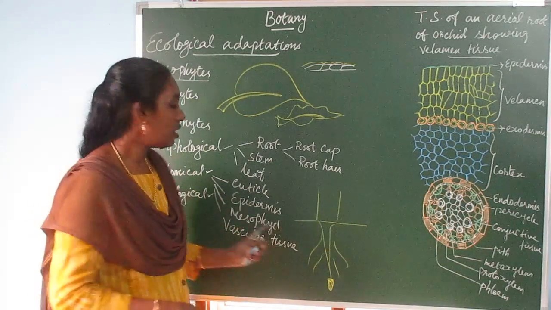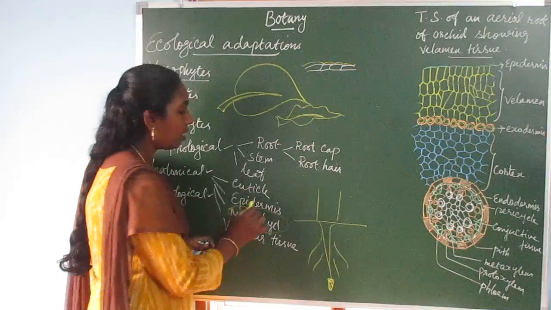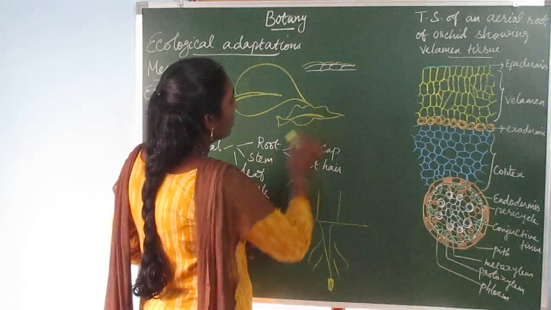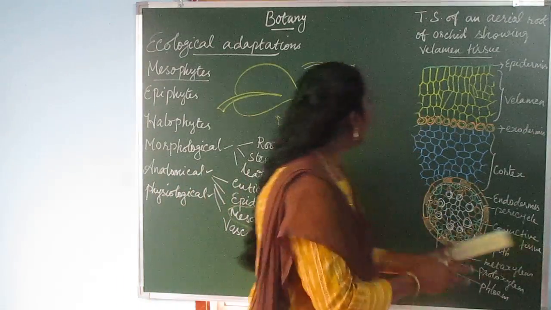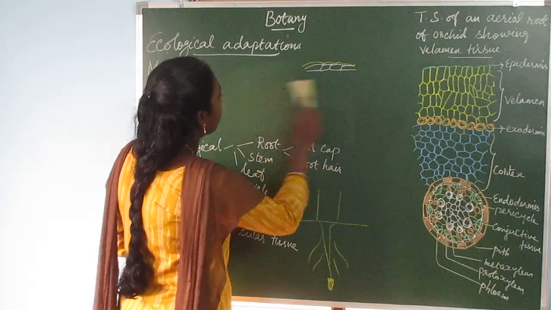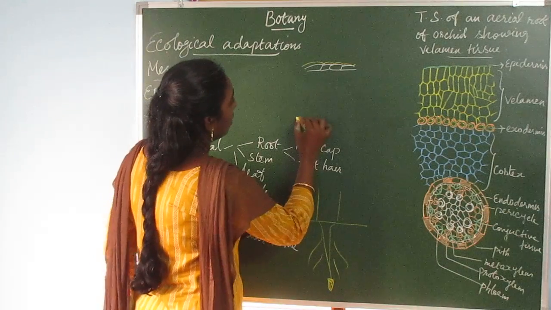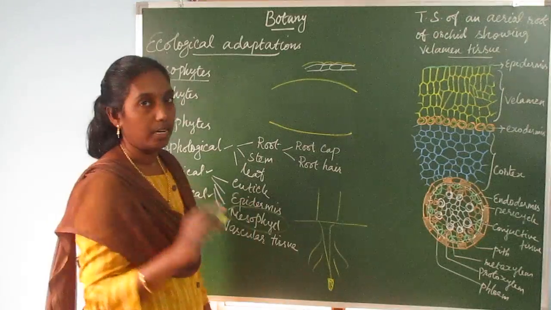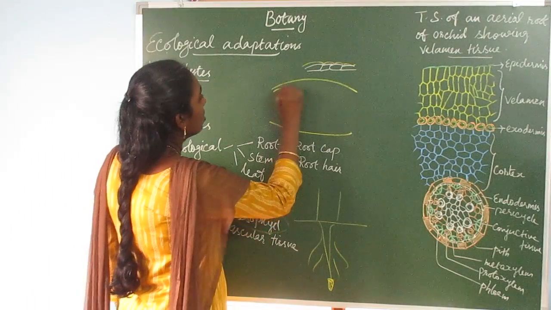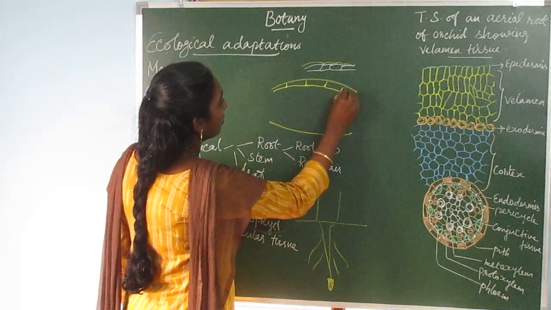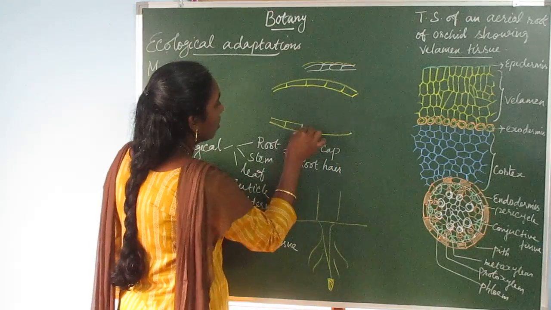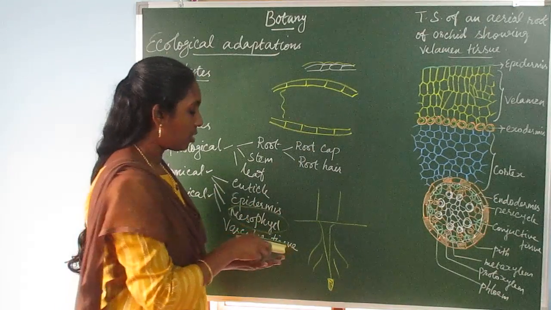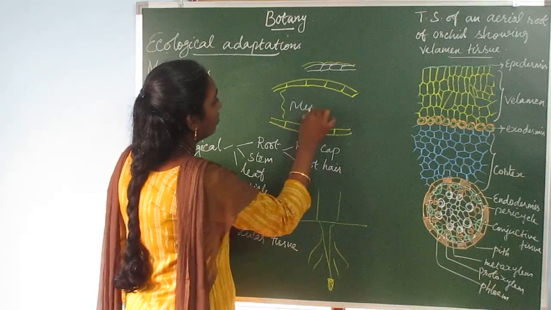And in the mesophyll, this mesophyll tissue which is found in the leaf, between the upper and lower epidermis, here upper and lower epidermis in the leaf of mesophytes. This is the upper epidermis, this is the lower epidermis, and in between, this region is known as mesophyll.